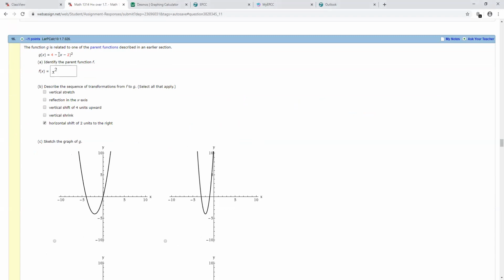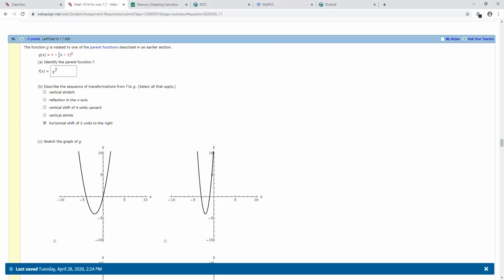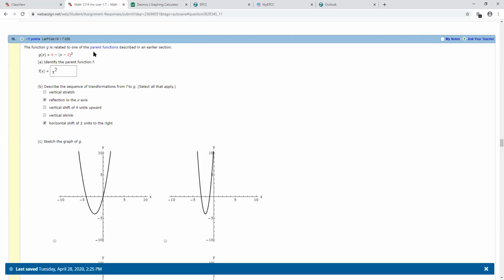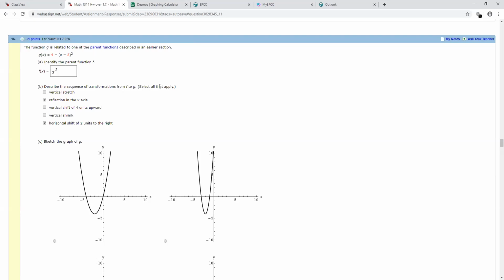The multiplication of -1 by the entire function, the original x² function, is the reflection over which axis? The x-axis. And this addition of 4 that they wrote in the front, it could have been at the end, is a vertical shift up 4.